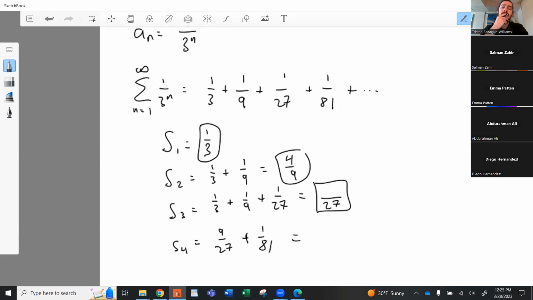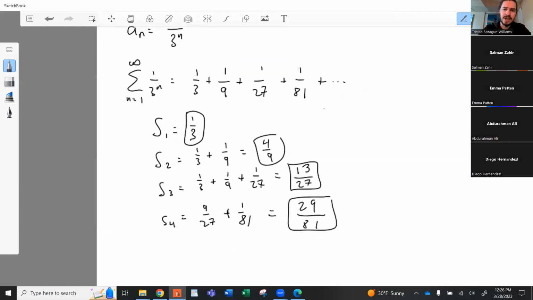We're tripling 4, so it's 12 plus 1 more is 13. So 13/27. Yes. And then to get over 81, we triple the 13 to get 39 and then add 1. So that's 29/81.